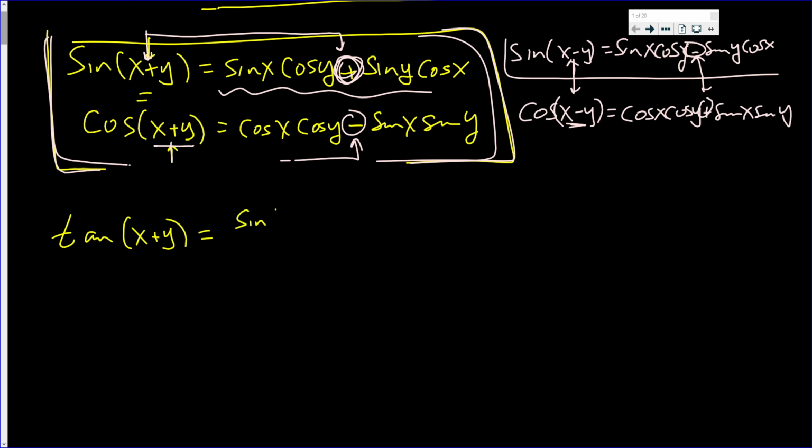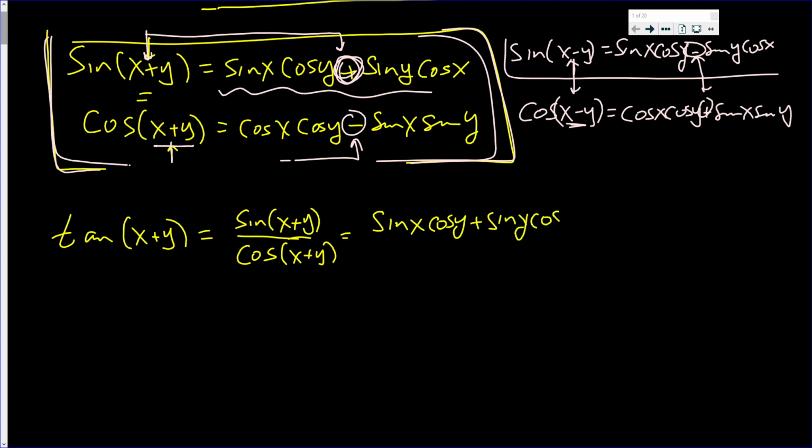How about you just remember that tangent of any angle, including x plus y, is the sine of that angle divided by the cosine of the angle. That is, it's sine of x plus y, which is the very top equation on the left, divided by cosine of x plus y, which is the second equation on the top left.